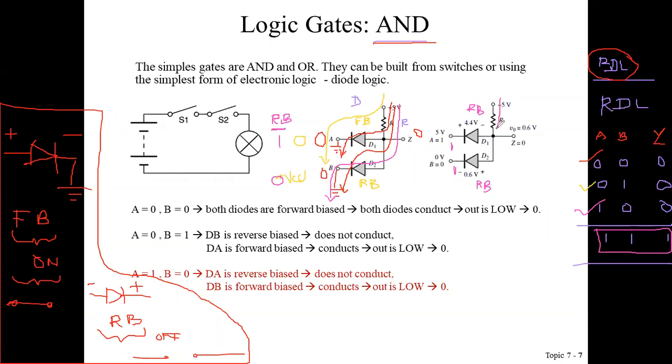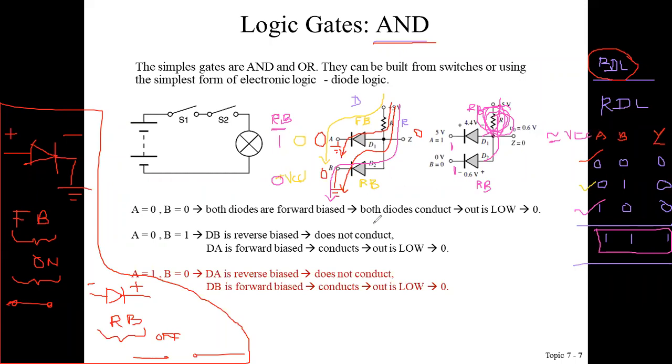So the supply will come till this point and also till this point. Under this situation, whatever the voltage across this resistance will appear here, which is approximately equal to VCC. That is high. VCC means high.